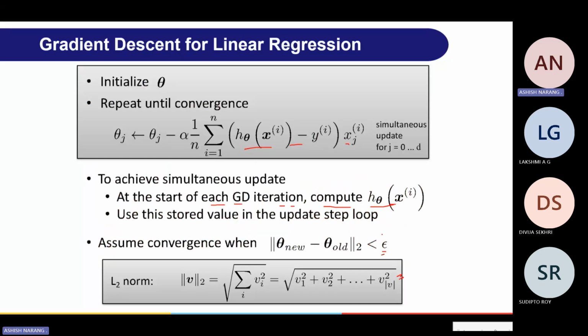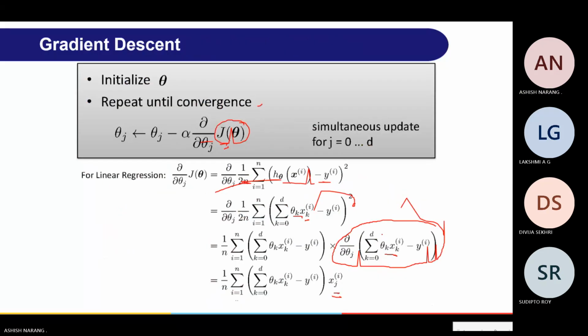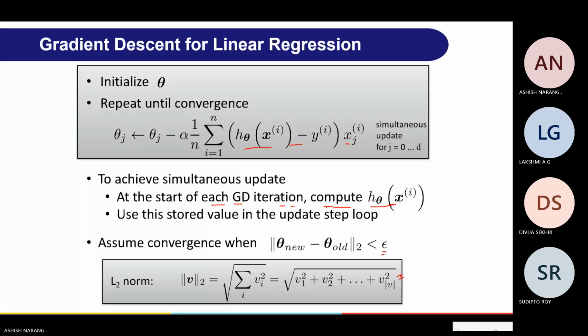If you look at this particular thing, right? How to update? So we are applying this, right, as theta xi minus yi multiplied with that particular xj.